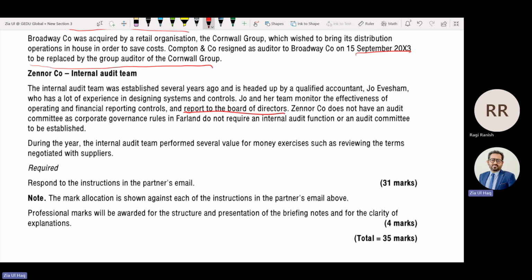During the year, the internal audit team performed several value for money exercises, such as reviewing the terms negotiated with the suppliers. During an audit, being an external auditor, sometimes we rely on the work of the internal auditor.